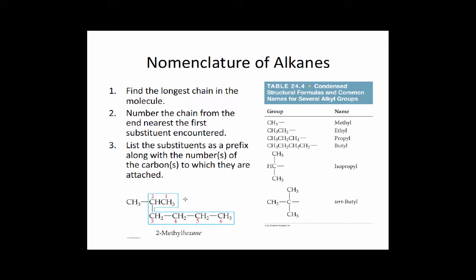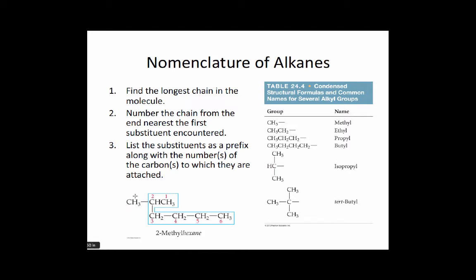And then we have a choice. We have to number the carbons in the chain, and we have a choice about where to start. We can start up here or we can start down here. You'll see in this example that we started up at the top and numbered it 1, 2, 3, 4, 5, 6. We did that because we want the number to be closest to any substituents.